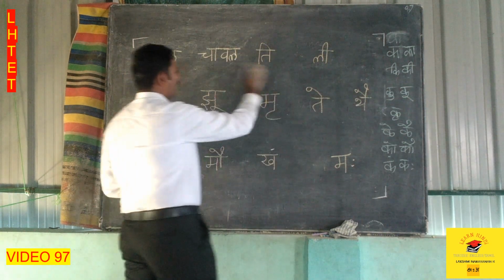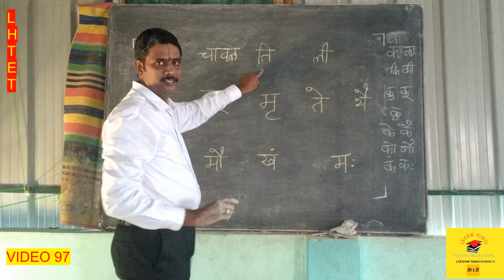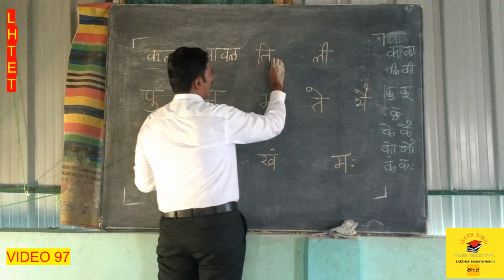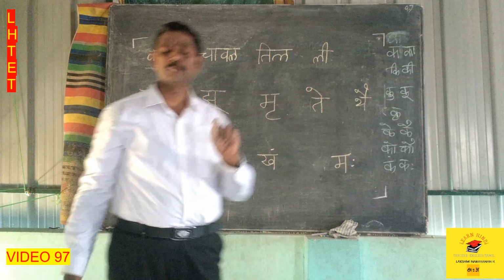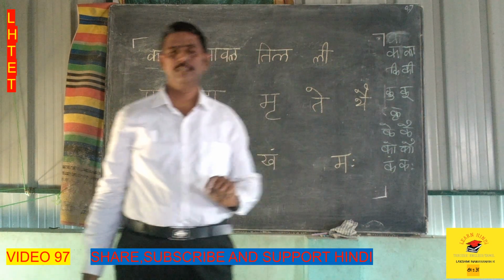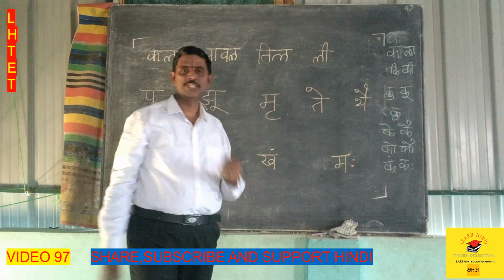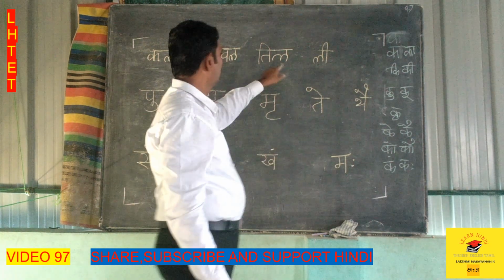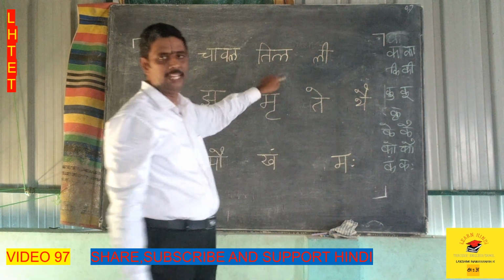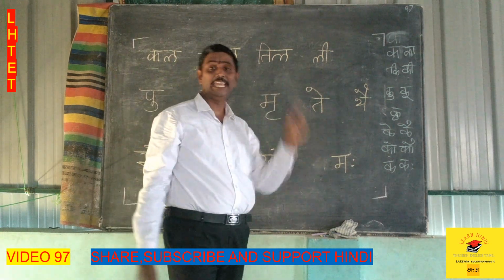Next is the i sound. For this I have taken ta, and ti I make it one. I am just adding one letter la. This becomes til. Til means sesame, from which oil is taken. Next is the ee sound.